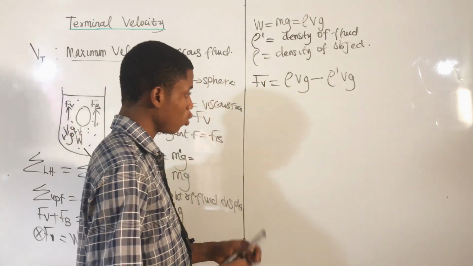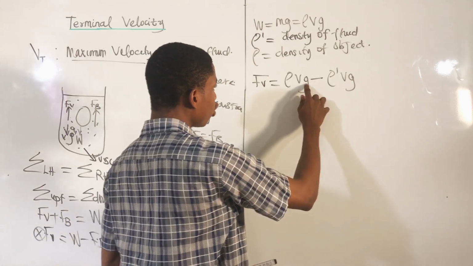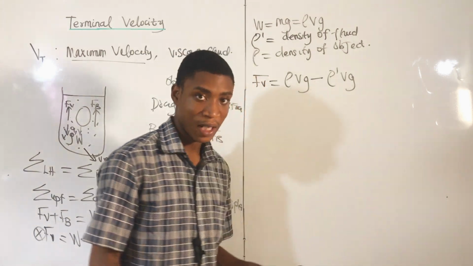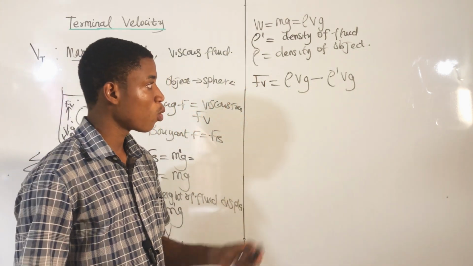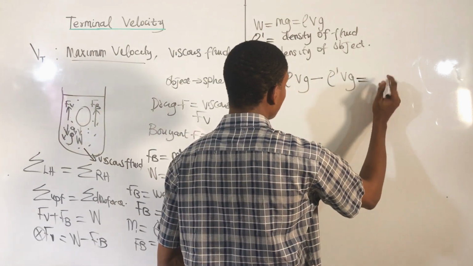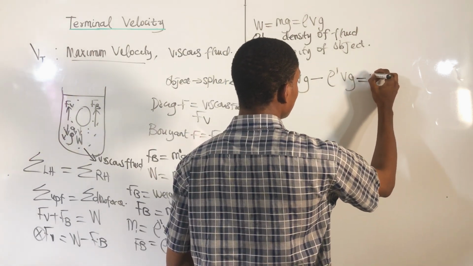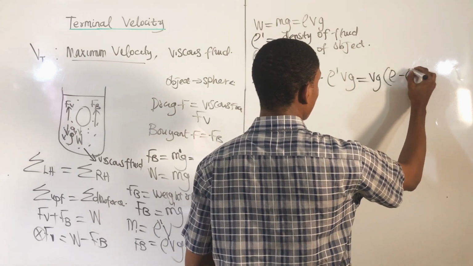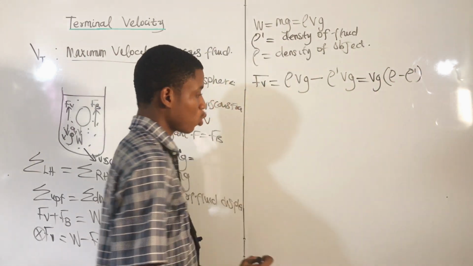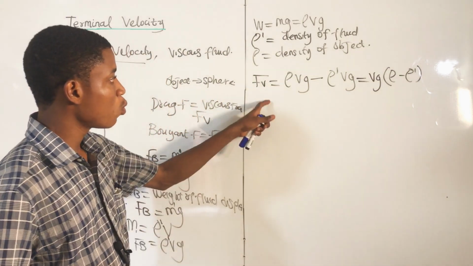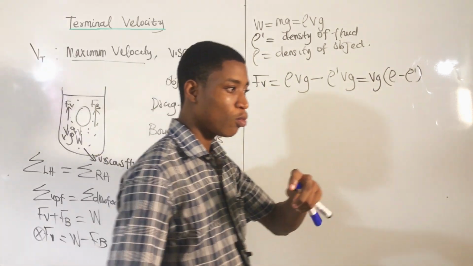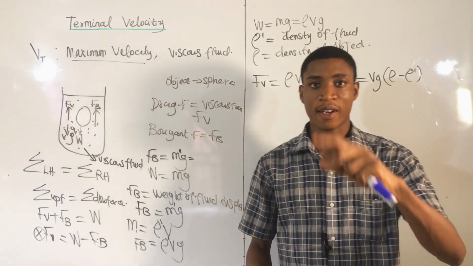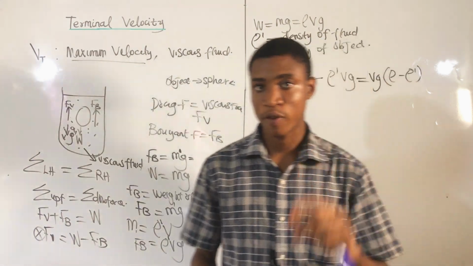From this, you notice that the volumes and the acceleration due to gravity are equal, so we're going to factor that out. So we have volume, gravity, times rho minus rho prime. Of course, when we have reached this point, we will notice that we're considering the volume of a sphere, right?